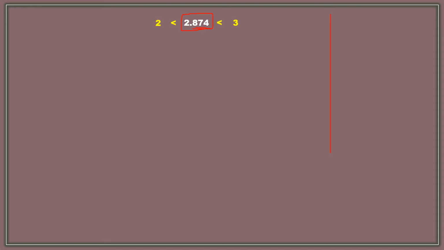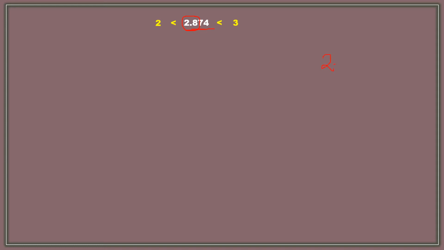So for that, 3 digits are there after decimal, so there will be 3 steps. First thing you should remember is after decimal there are 3 digits, so your number lines will be in 3 steps. First you represent 2.8, next 2.87, next 2.874.